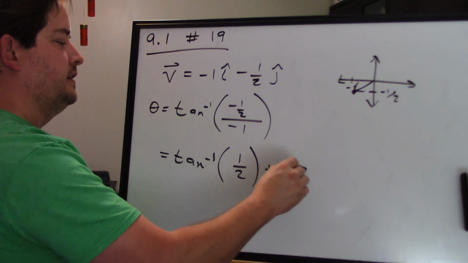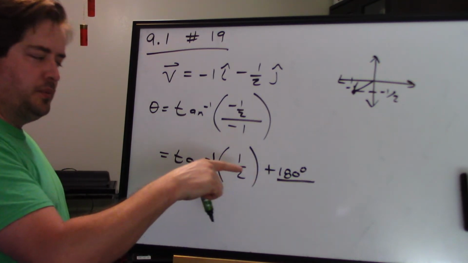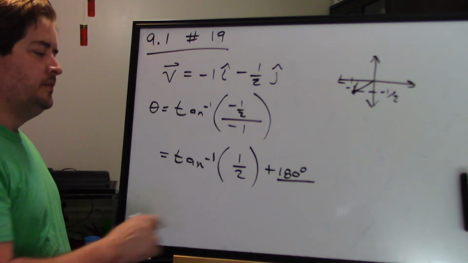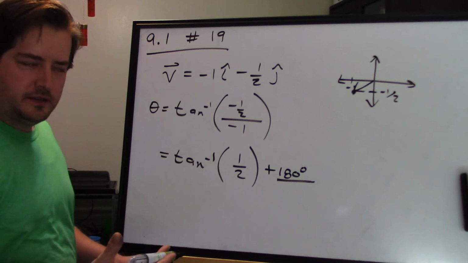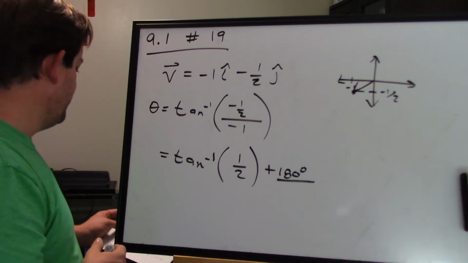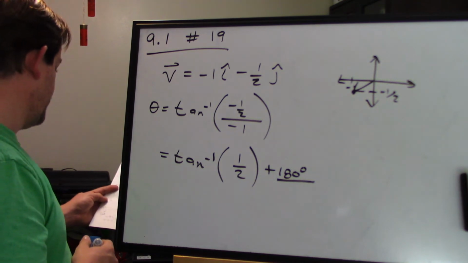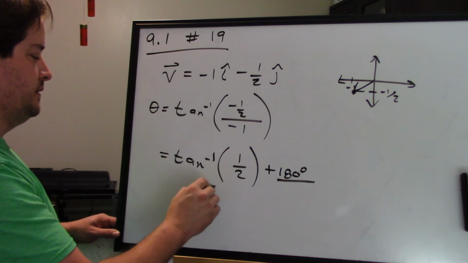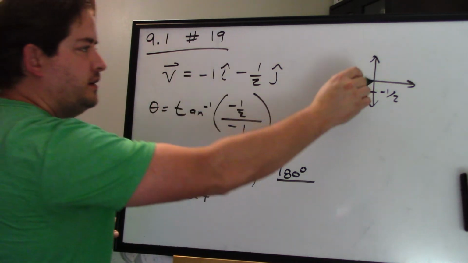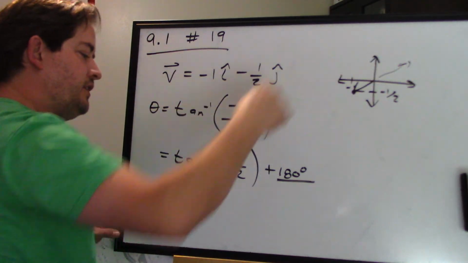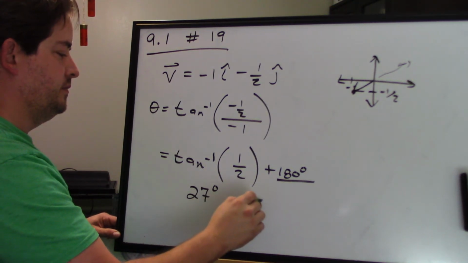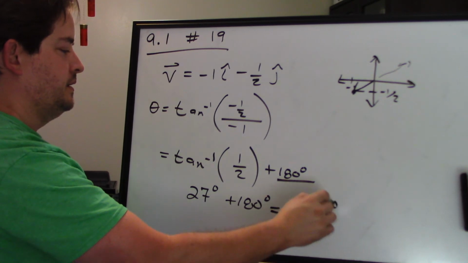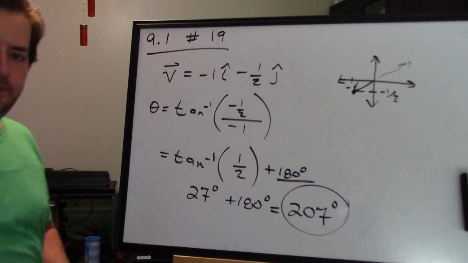If I'm put into the wrong quadrant, add 180 to get into the right quadrant. 1/2 is not a nice value you can take the arctan of, so I threw that into a calculator and got something around 27 degrees, which is in quadrant 1. So I add that 180 and I get 207, and that's the answer we're looking for.